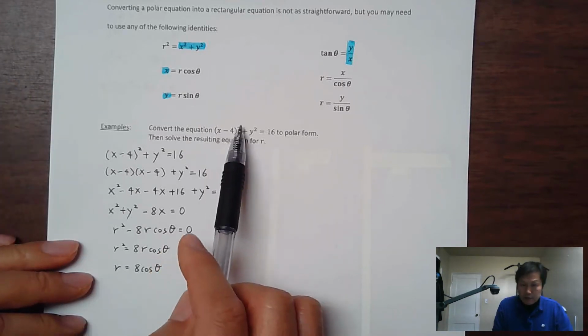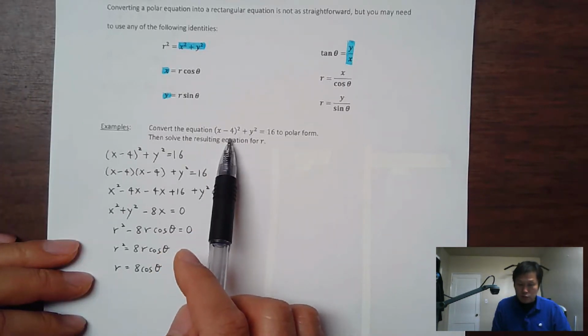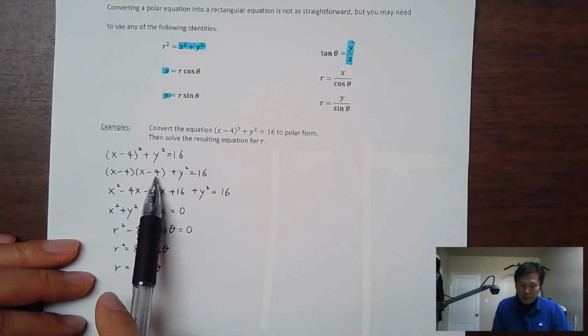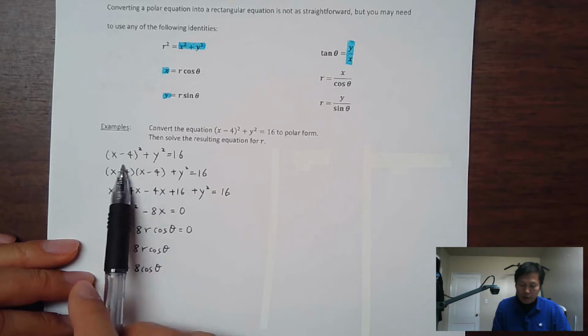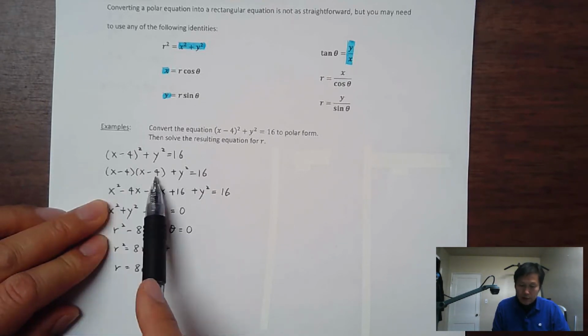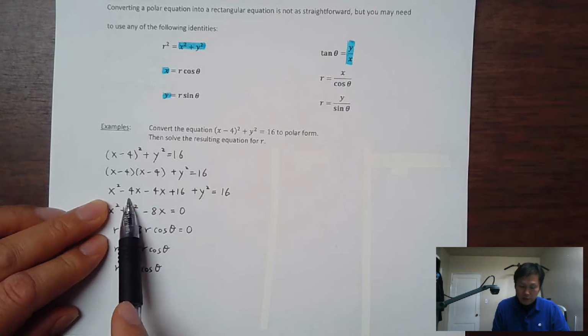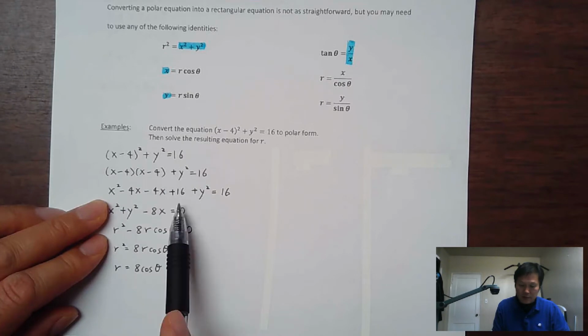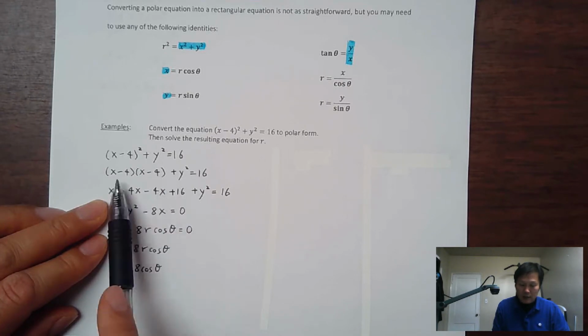First, get rid of the parenthesis square by distributing. Parenthesis square means parenthesis multiplied by parenthesis, so you have to FOIL. x times x is x squared, x times minus 4 is minus 4x, minus 4 times x is minus 4x, and minus 4 times minus 4 is plus 16.